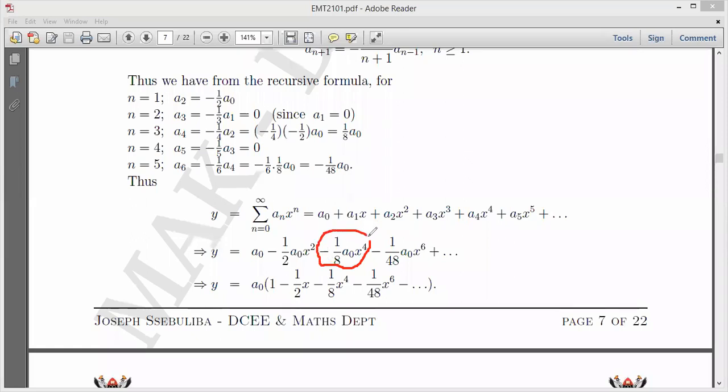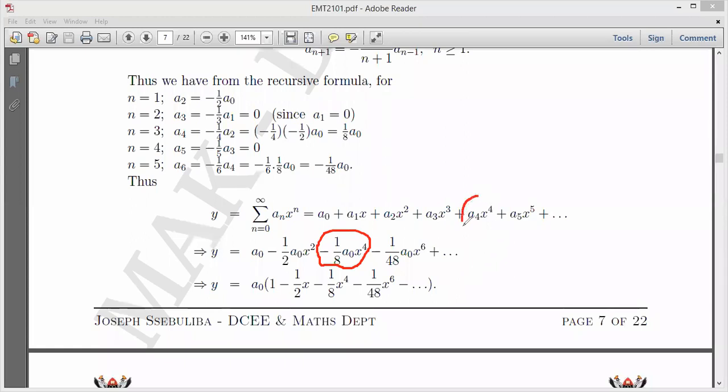Someone is complaining about the negative. I didn't pick whoever asked the question. There was a question in the chat. I didn't pick the name of the person. Let me see. This is Nisima, Charlotte, I think. Charlotte says the coefficient of x to the 4 must be negative.